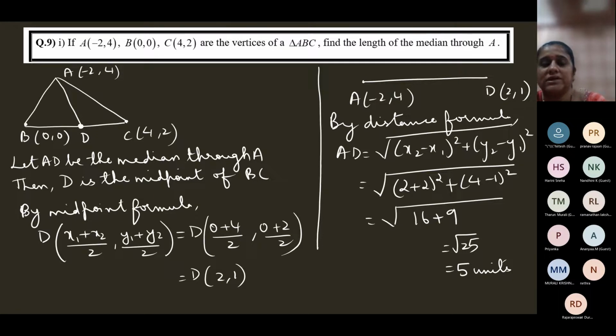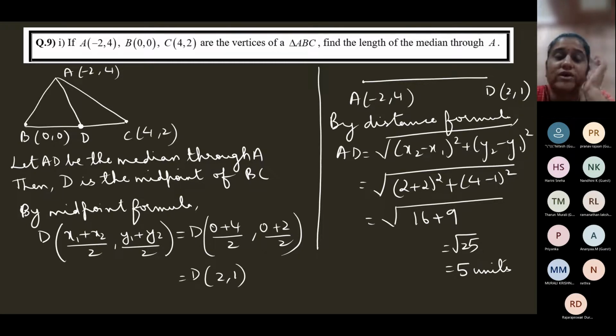The median is AD, so using the distance formula you should find the length of the line segment AD. For that, you should know the coordinates of A and D. You know the coordinates of A. You do not know the coordinates of D.